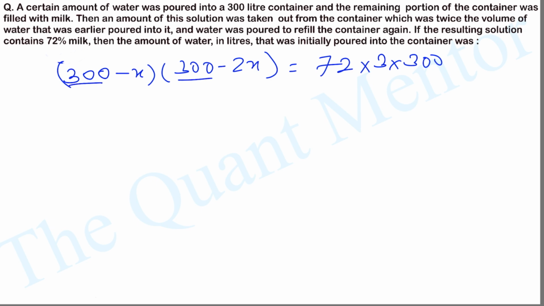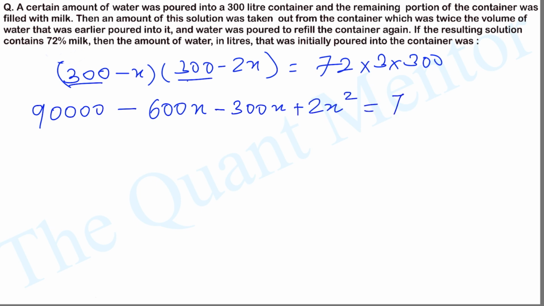300 into 300 is 3 3s are 9 followed by 4 zeros, minus 300 into 2x, 600x. Now 300 into minus x is minus 300x, and minus x into minus 2x is plus 2x square, is equal to 72 into 3 into 300, which is 90,000. Now similarly, I can write this 90,000 as 100 into 900, right?